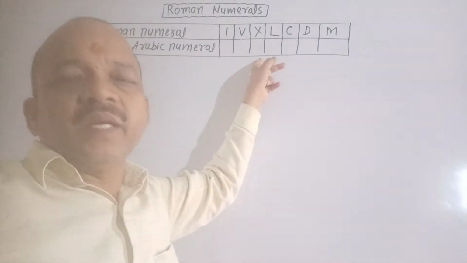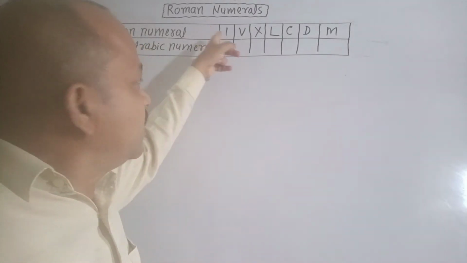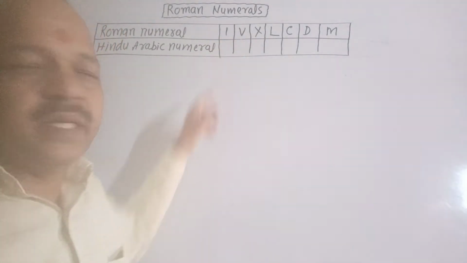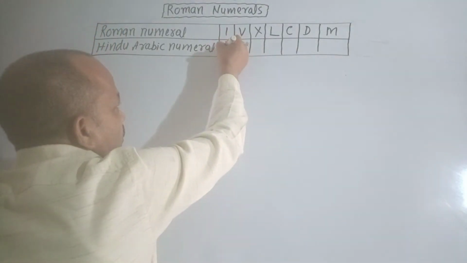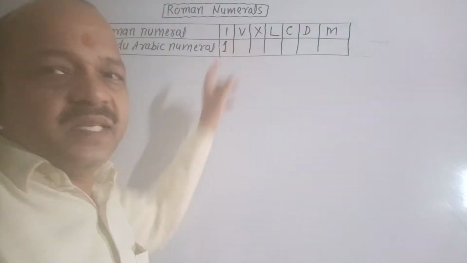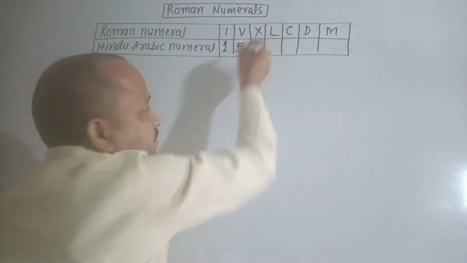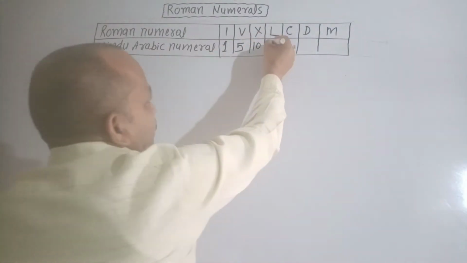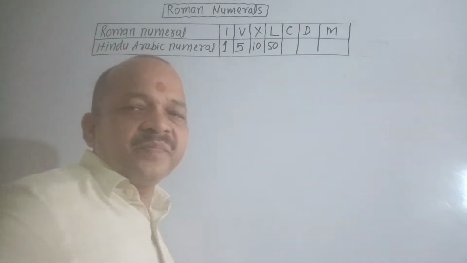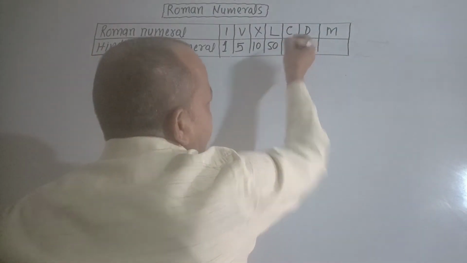Symbols in Hindu-Arabic numerals. It means the value of I is 1. Value of V is 5. Value of X is 10. Value of L is 50. Value of C is 100.